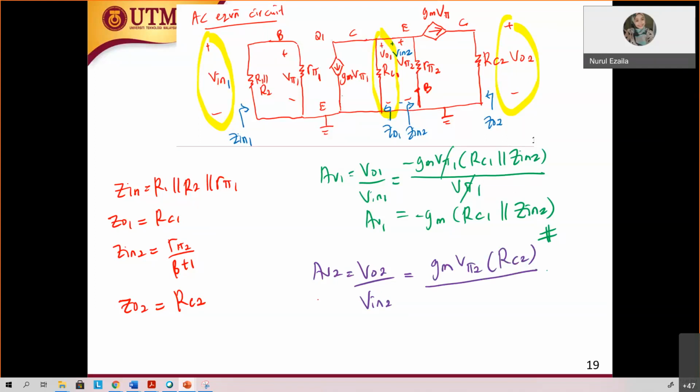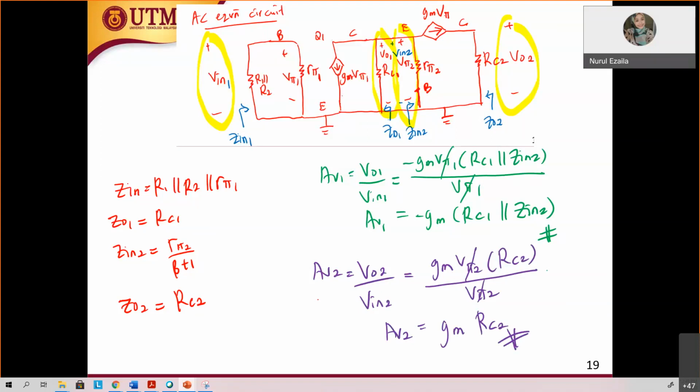This is V in, V pi 2. Yes, V pi 2. So cancel out this one, and you will get AV2 is gm RC2. That's it for the multi-stage. So we've done this.